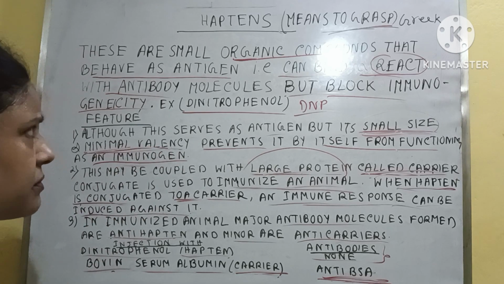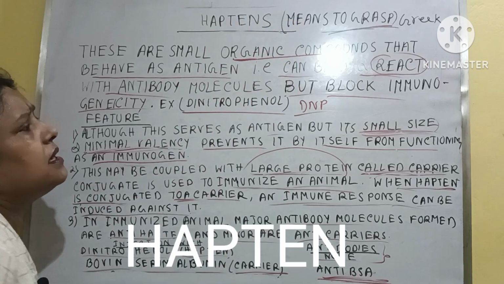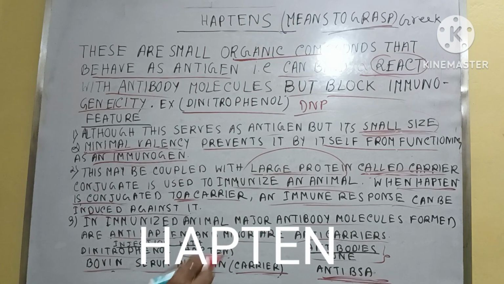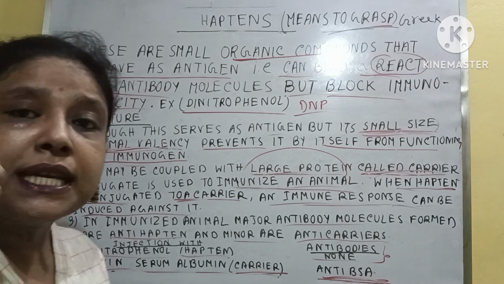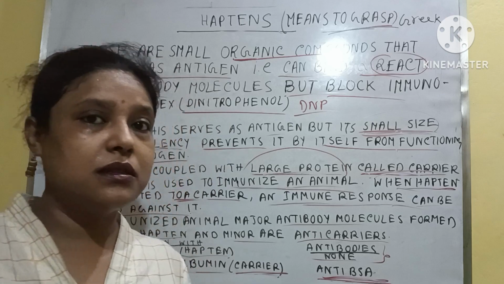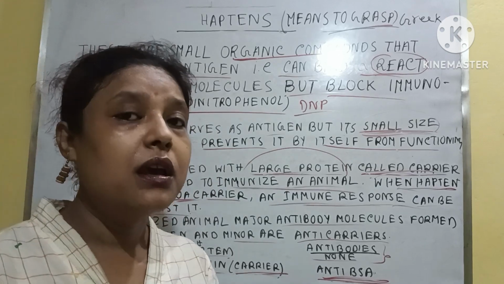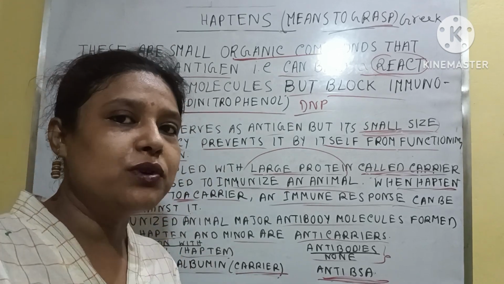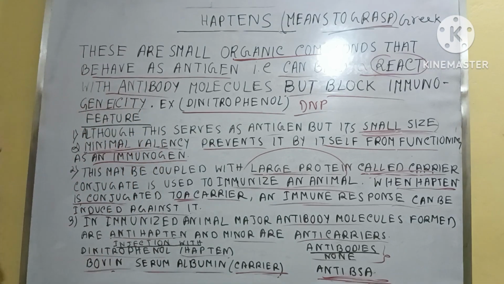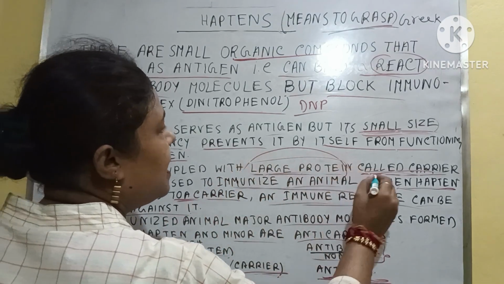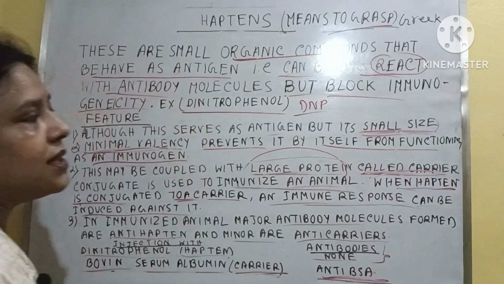That's why the hapten generally cannot continue the immunogenic activity. Clear? Second point is that it can sometimes gain immunogenic activity when it binds with another protein, a large protein called the carrier.